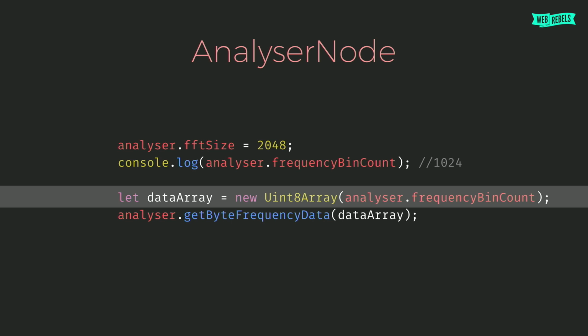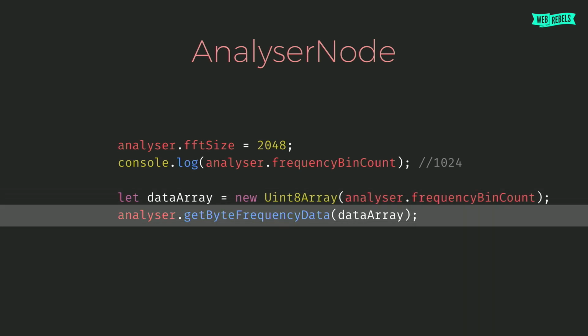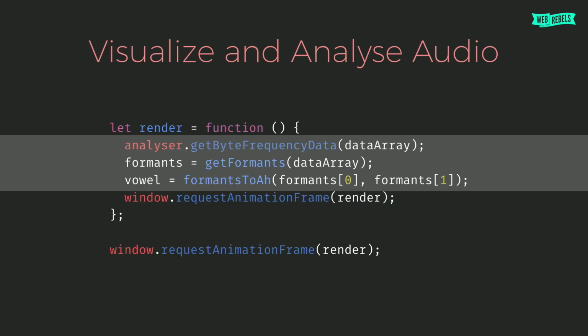So then we can create an array of 8-bit unsigned integers with the length of the frequency bin count. And then we call the data collection method getByteFrequencyData with the array as its argument to retrieve and copy the data directly into our array.